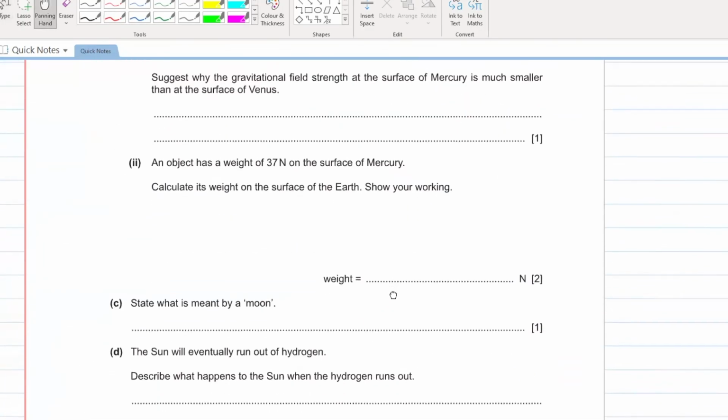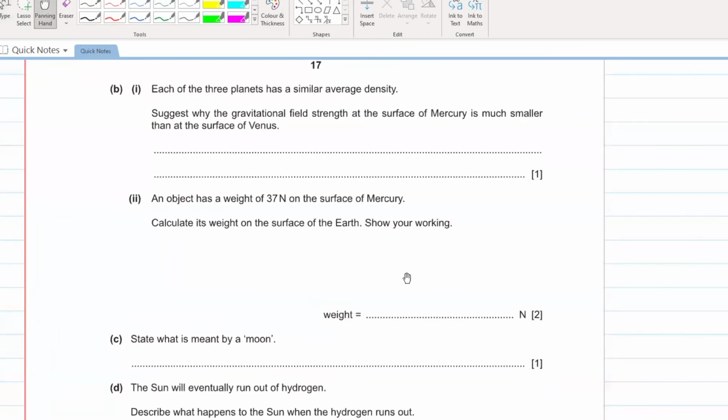Chalo, let's move ahead. Each of the three planets has a similar average density. Suggest why the gravitational field strength at the surface of Mercury is much smaller than at the surface of Venus. Very, very easy to answer.